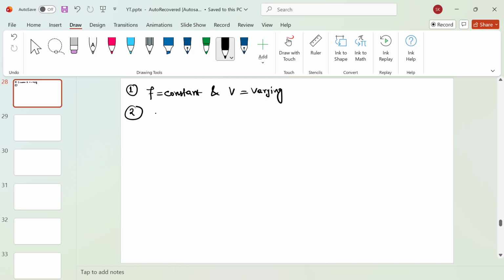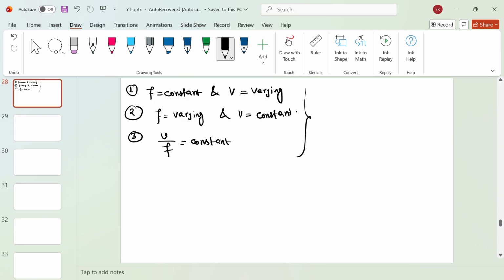And second case, my frequency is varying and my voltage is constant. And third is V by F ratio is constant. I'll be changing voltage and frequency to keep this ratio constant. So these are the three cases we will study.